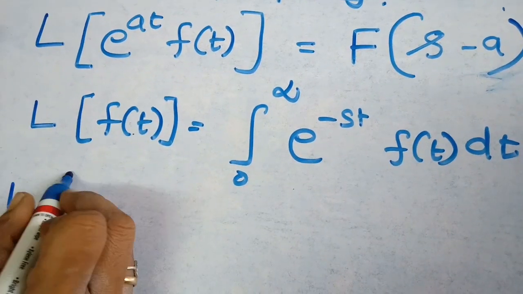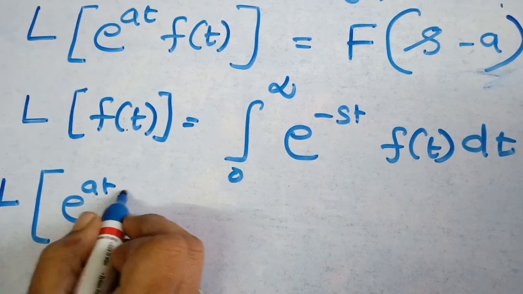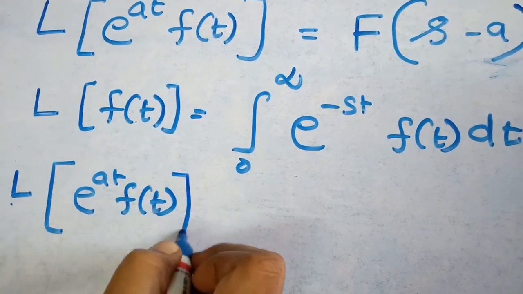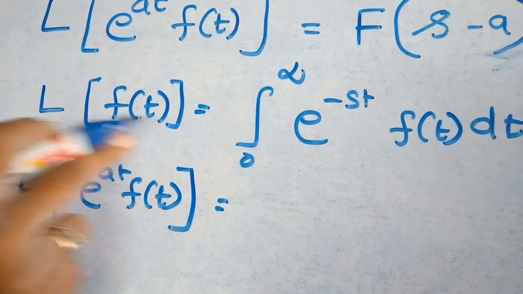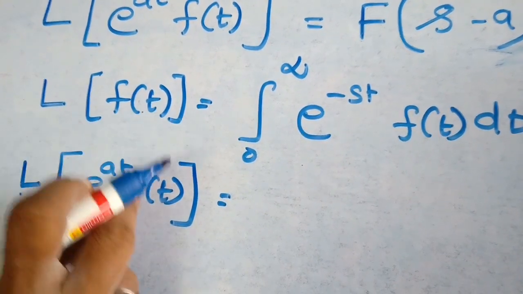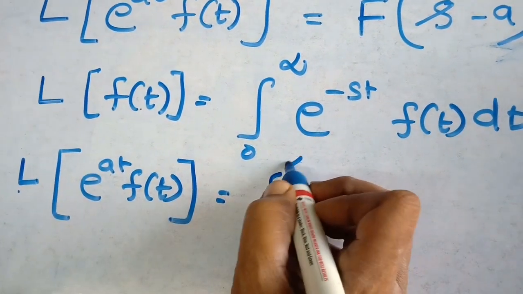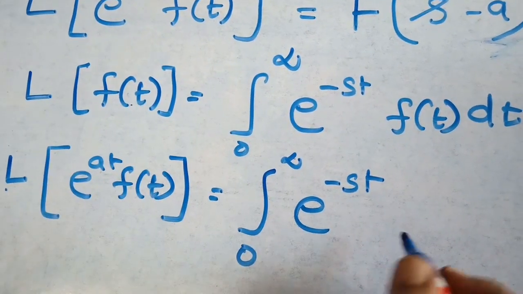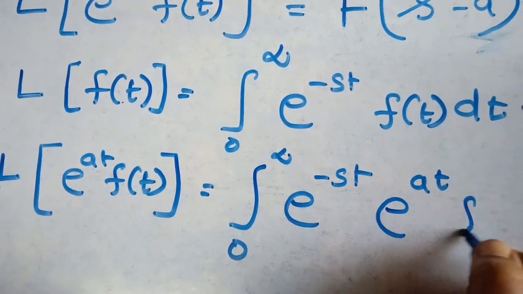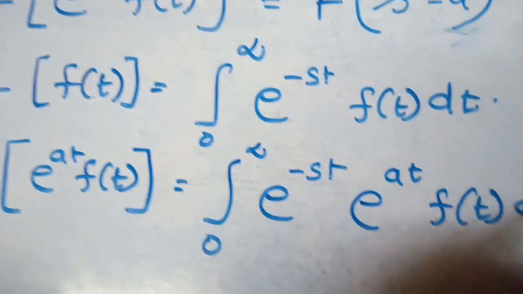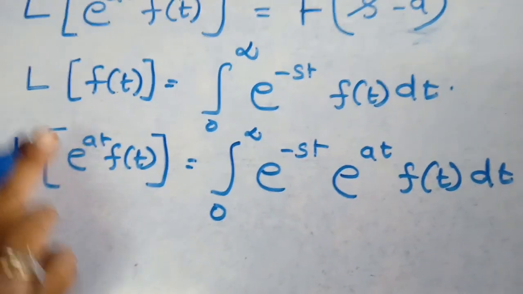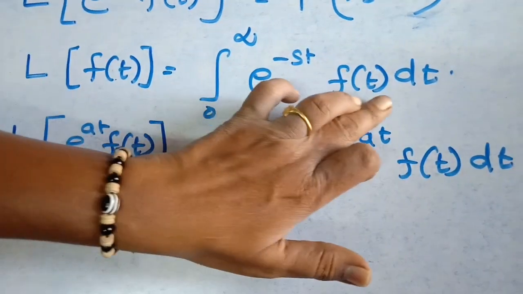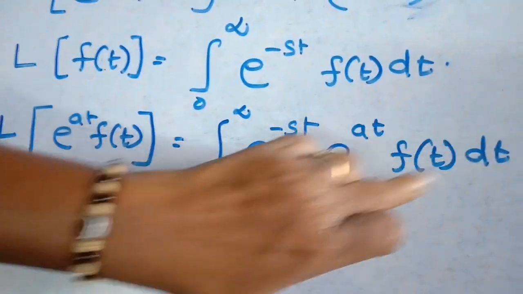So actually what we require is the Laplace transformation of e power at f of t. So in the place of f of t, replace e power at f of t in the right hand side. So already we have e power minus st. In the place of f of t, replace e power at f of t, and dt. This is the definition, and in the place of f of t we are replacing e power at f of t.